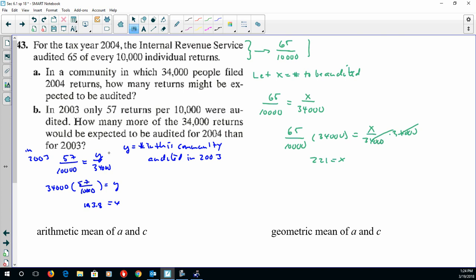So we wanted how many more in 2004. So there should be 221 minus 193.8, 27.2 more. Well, you're not going to audit 0.2, so 27 more. Or maybe 28 more.